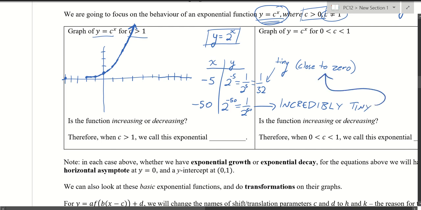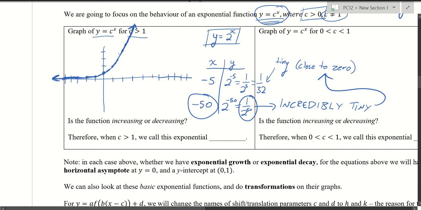So we see that as we plug in larger and larger negative numbers, we're going to get smaller and smaller positive numbers that are closer and closer to 0. But we're never actually going to get a number that is less than 0 as our output. We're never going to get a negative output, right?